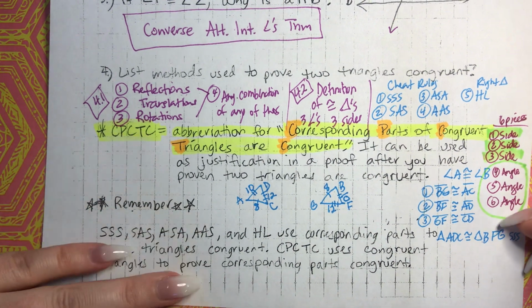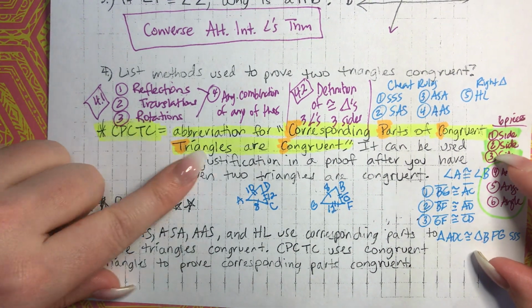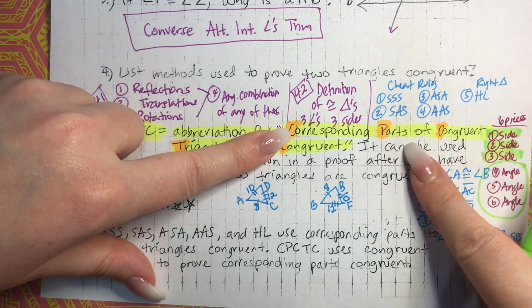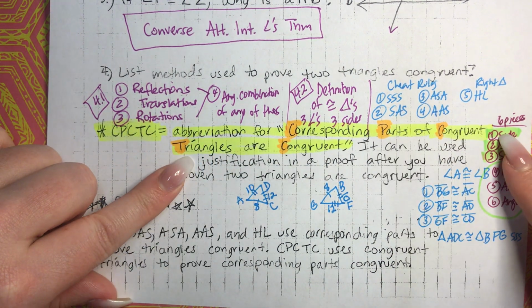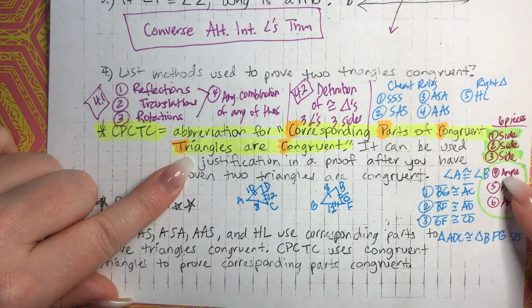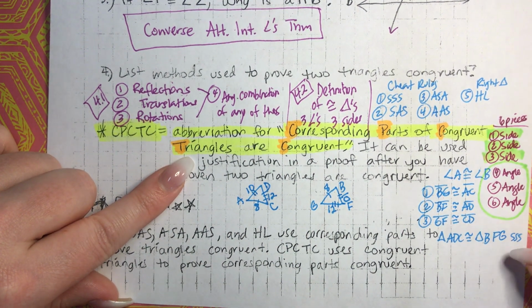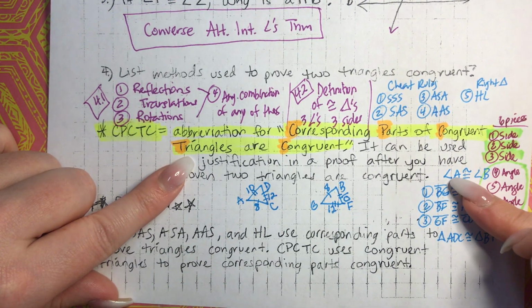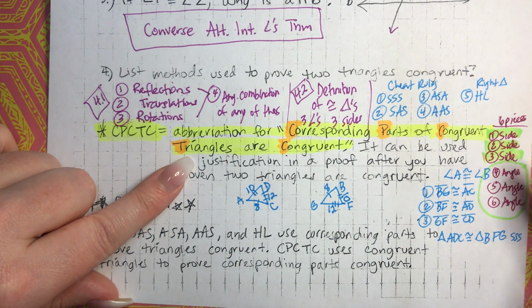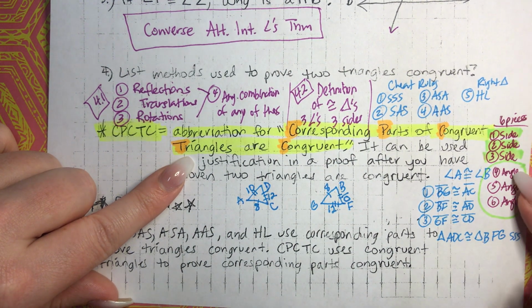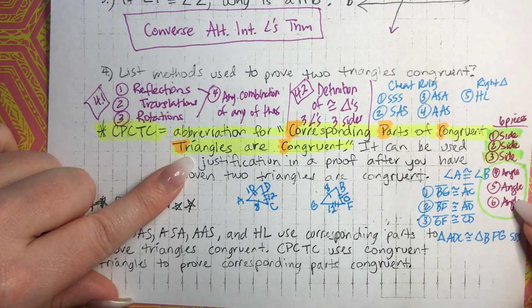And so what we can do is use CPCTC: corresponding parts of congruent triangles are congruent, right? There's 6 corresponding parts of a triangle. So any of those 3 that you find in order to prove that the two triangles are congruent, if you need to find an angle, like these angles have nothing to do with sides. However, once we prove that the triangles are congruent, it unlocks like the treasure box.